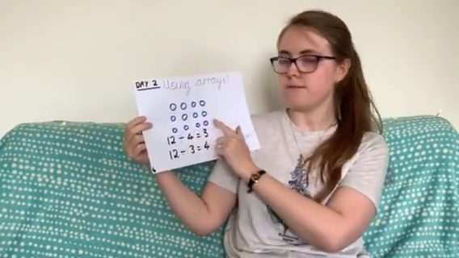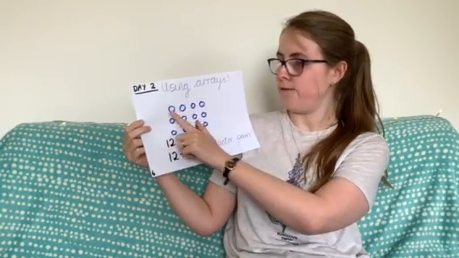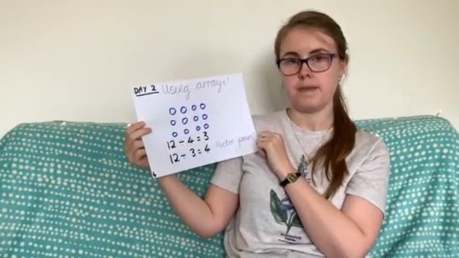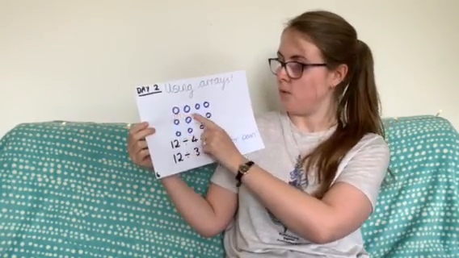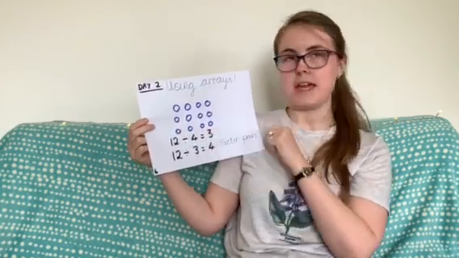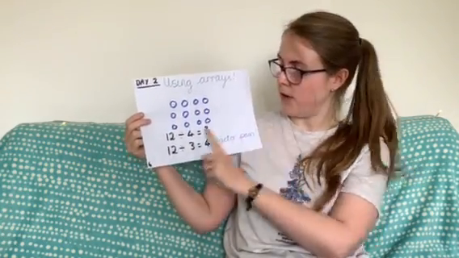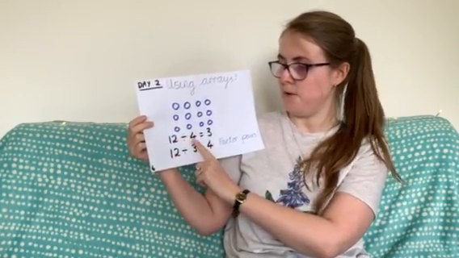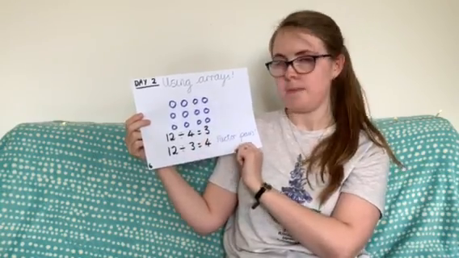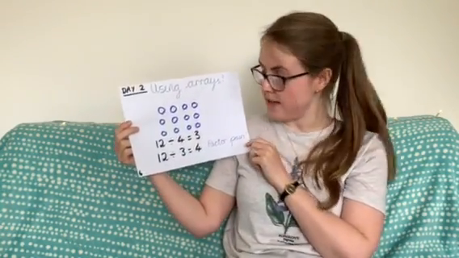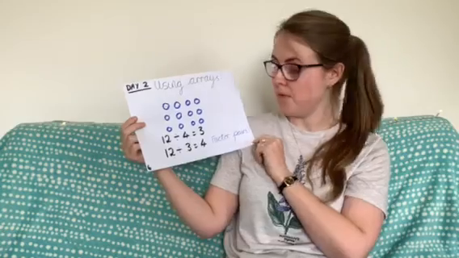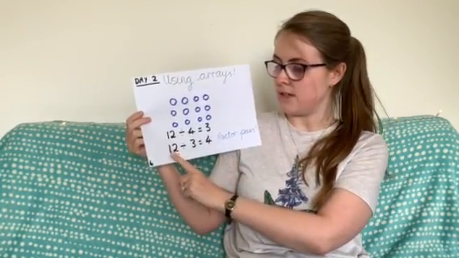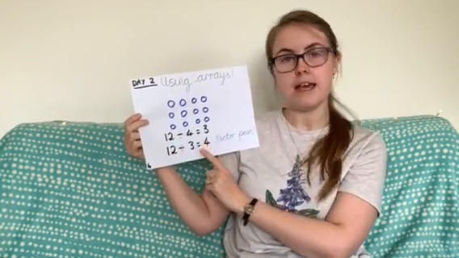Now I've got 12 dots in total, and there's 4 dots in each row. But if I count the rows, I've got 1, 2, 3 rows. So we could write 12 divided by 4 equals 3. But as we know, they are factor pairs, so we can also swap them around, and we can also say that 12 divided by 3 equals 4.